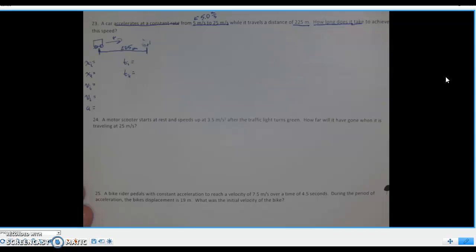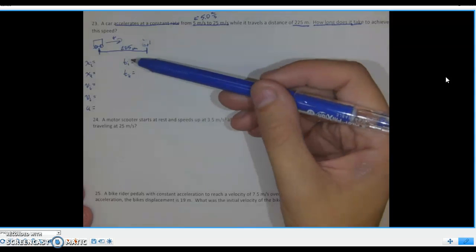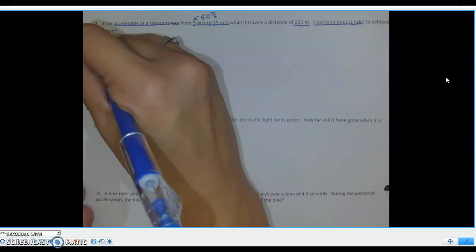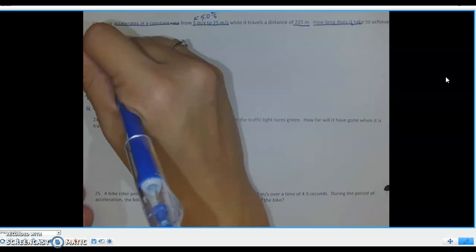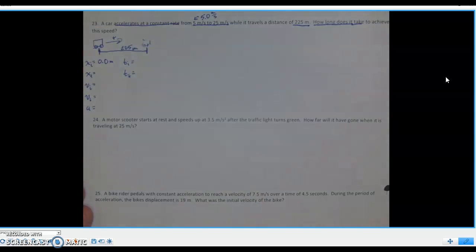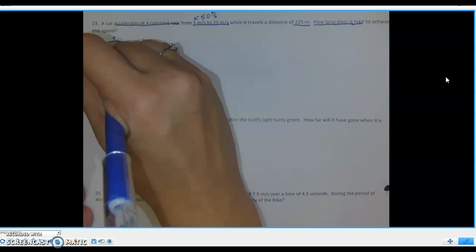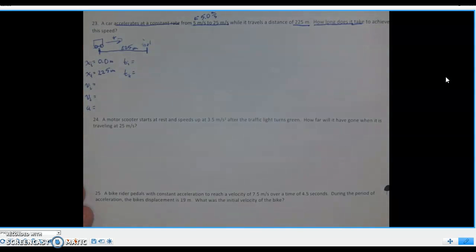Like x initial, it doesn't say it up above, but according to our drawing, we are starting at the origin, so that would mean I'm starting at 0 meters away from my origin. X final, I end 225 meters away from my origin.